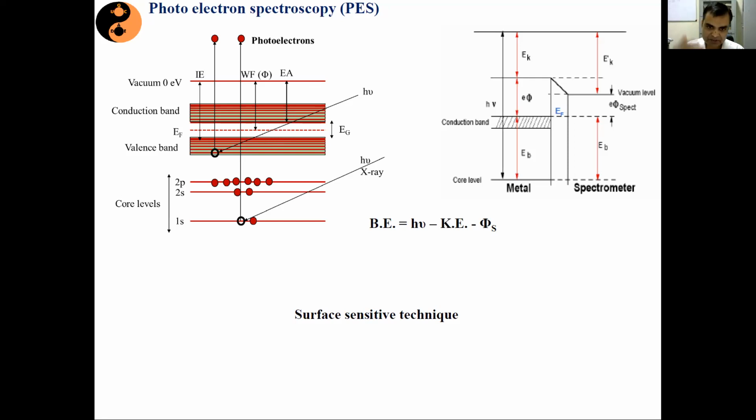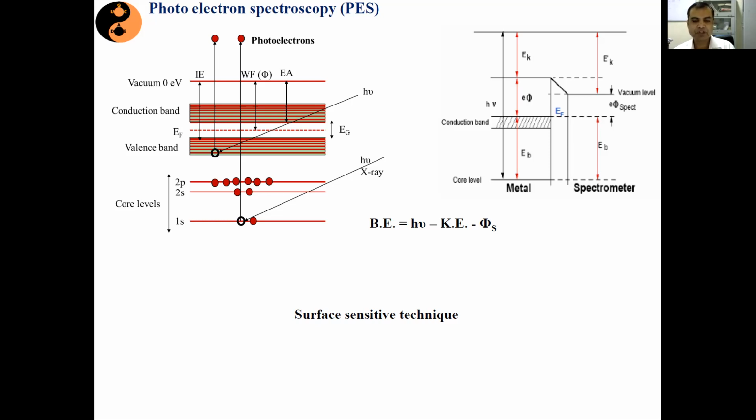Just by looking at the different energy states, one can easily understand that since the core level binding energy is very, very large, to eject those core level electrons we really need a very high incident photon energy, which is generally available with X-ray sources.